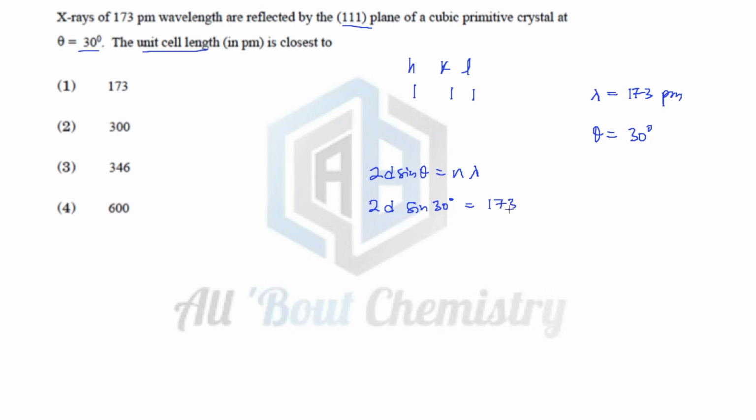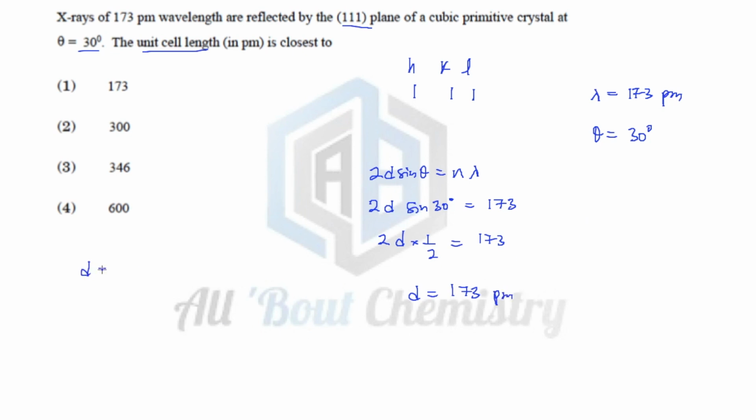So it equals lambda, which is given as 173. Sine 30 is 1 by 2, so it will be 2 into d into 1 by 2, and that will be 173 picometer. So basically your d will come out to be 173 picometer. That's the value of d.